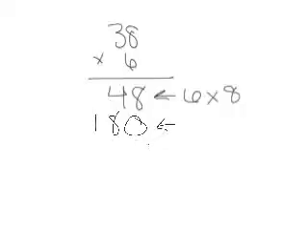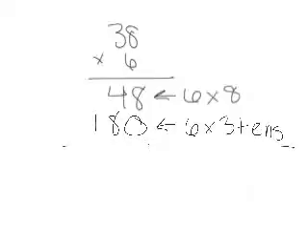And to write this, it would look like 6 times 3 tens because we moved to the tens place and we weren't in the ones. And so that's all the numbers that were being multiplied. We would add it together to get, that's correct, 228.